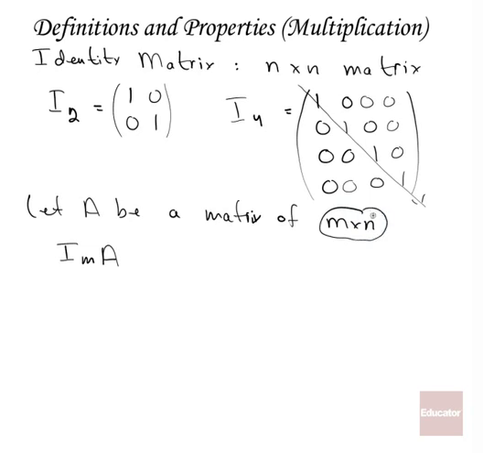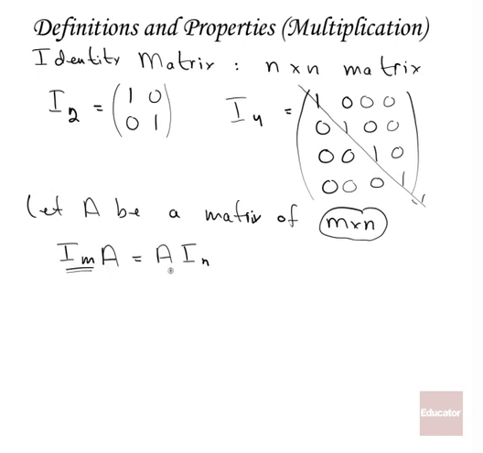The identity matrix of dimension m times A, meaning the identity matrix on the left of A, is the same as A times the identity matrix of dimension n on the right. And again, this has to do with matrix multiplication. It needs to be defined. This identity matrix is m by m. A is m by n. Therefore, the m's cancel and you're left with an m by n matrix.